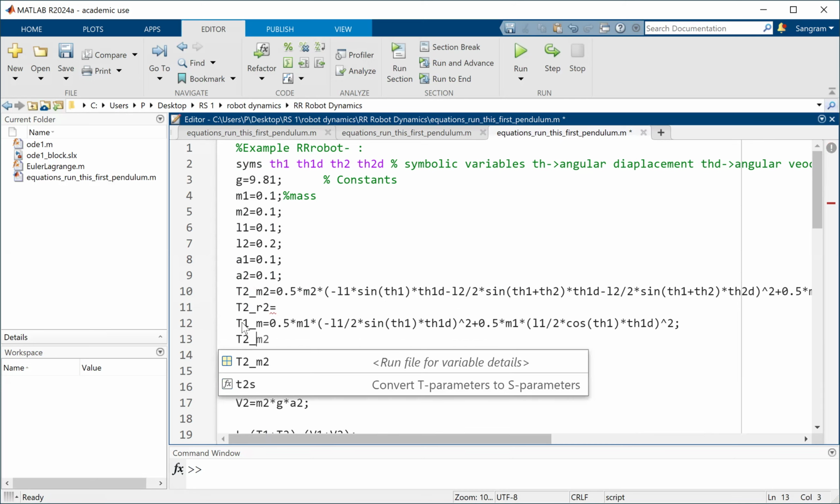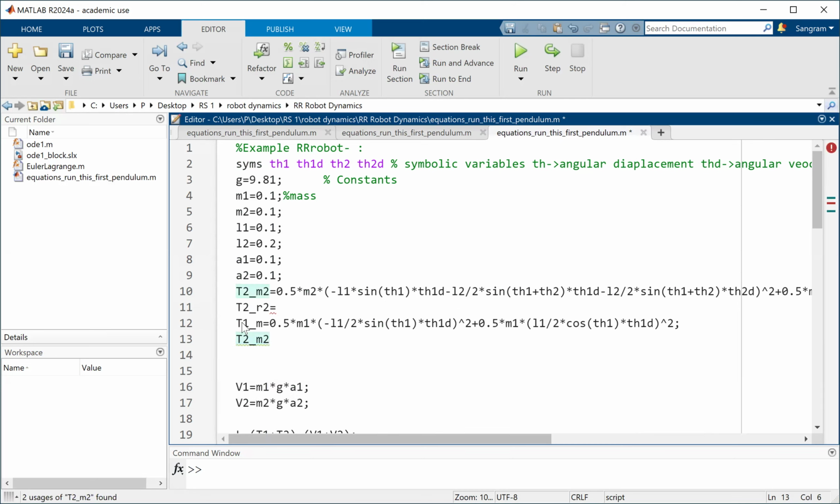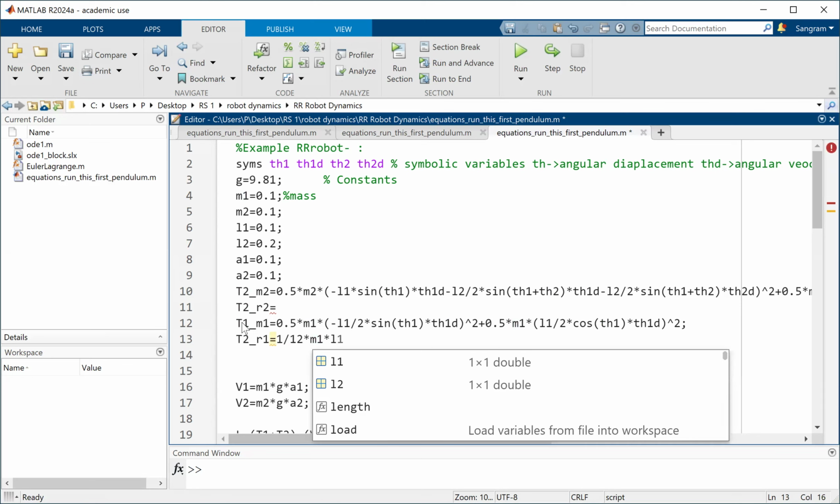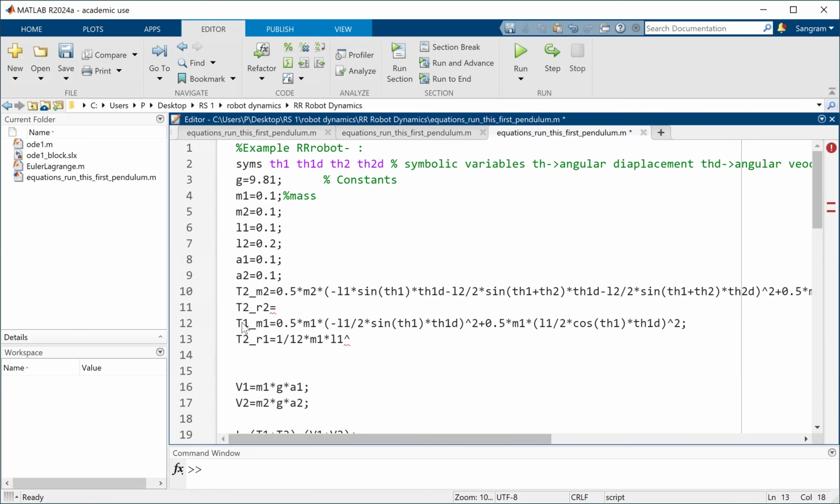Kinetic energy of translation for mass M1, kinetic energy of rotation for mass M1. So T1 underscore R1 is going to be 1 by 12 multiplied by M1 multiplied by L1 square.